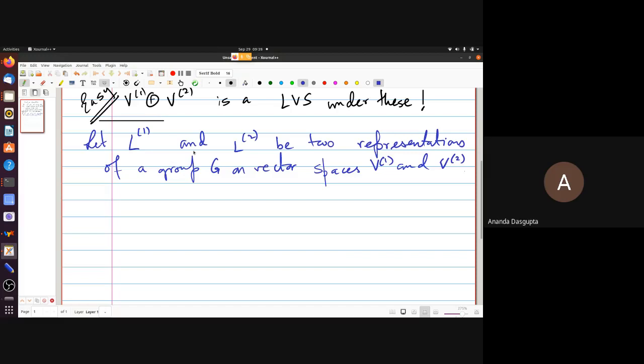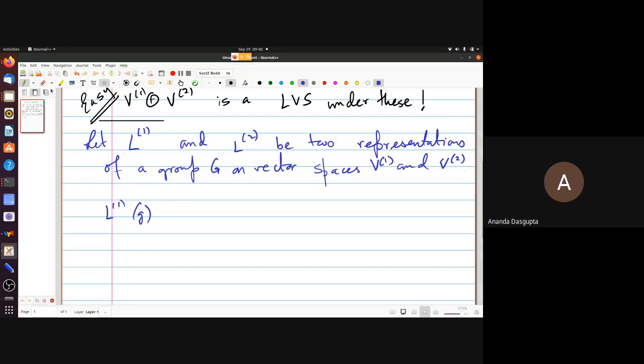When we say L1 and L2 are representations, that means L1 is a map from G to the space of linear operators on V1, and L2 is a map from G to the space of linear operators on V2. L1(g) is an operator acting on V1, L2(g) is an operator acting on V2.